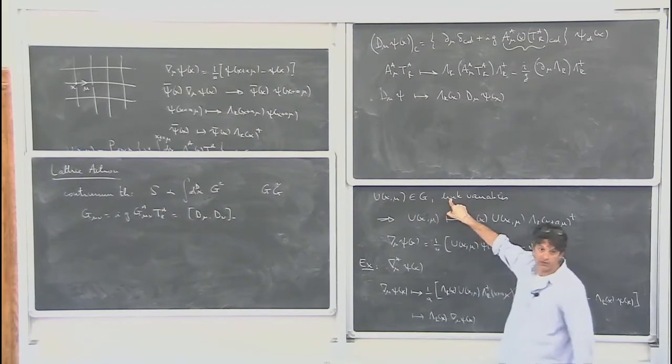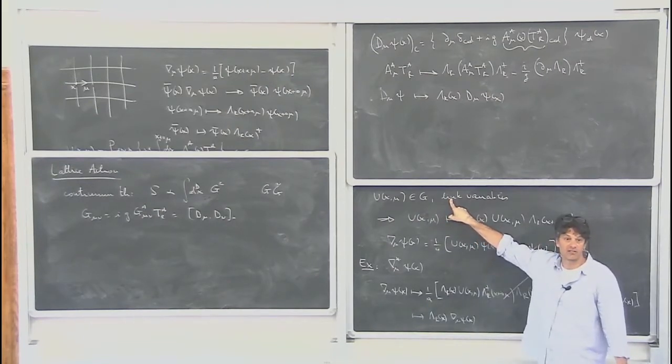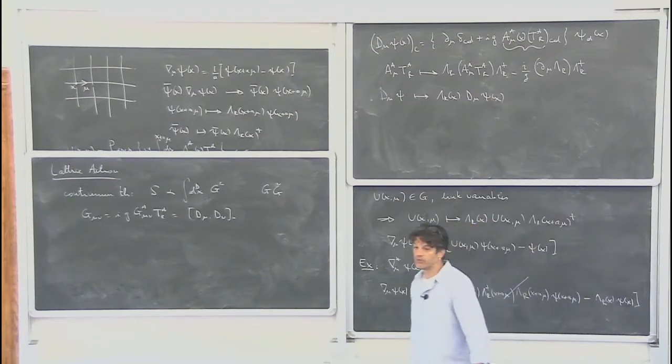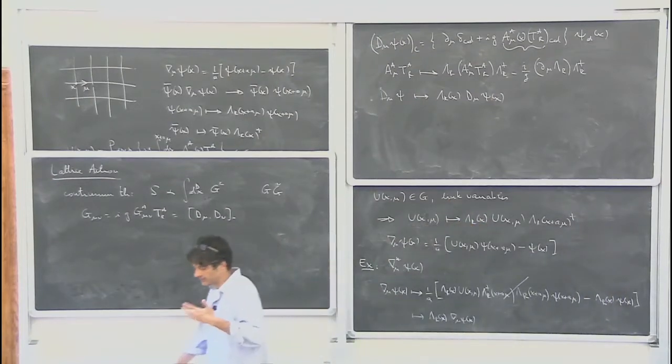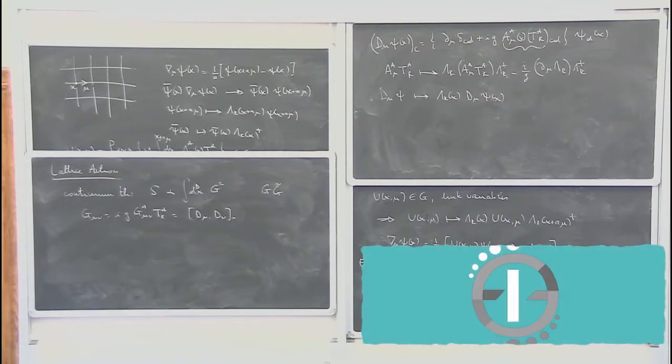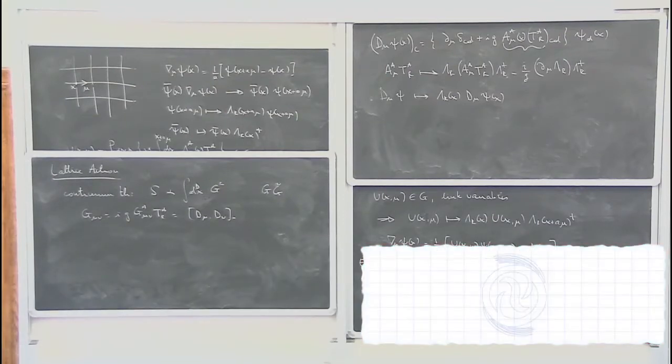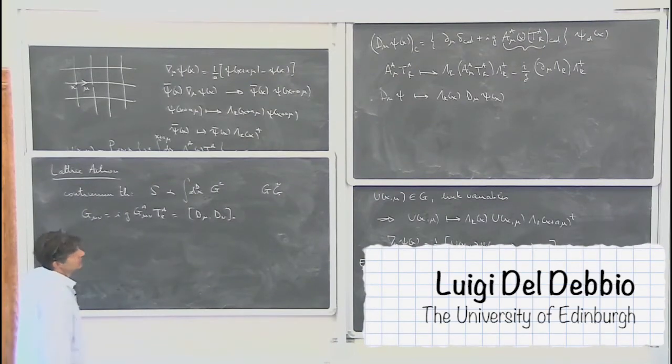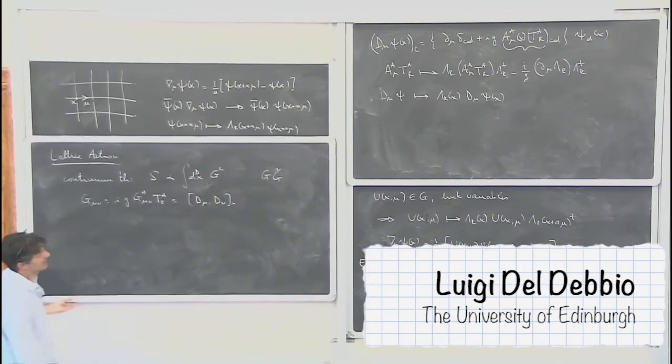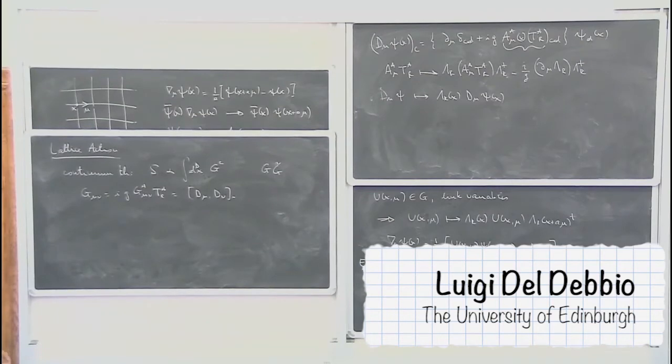These are elements of the gauge group. These are dimensionless quantities. Okay? So there isn't an obvious way of counting dimensions. So in principle, there is a very wide choice of operators that you can write that are gauge invariant. Okay? So how do you build a gauge invariant operator out of link variables?